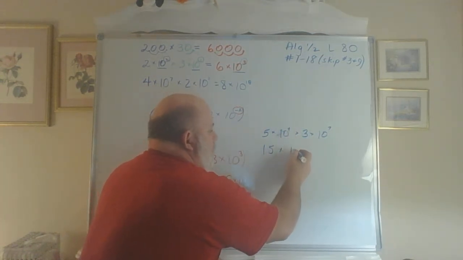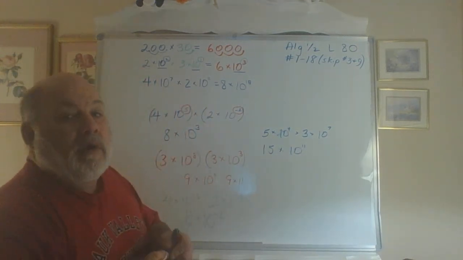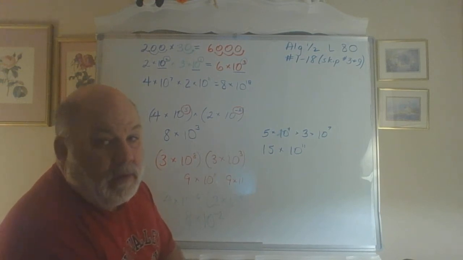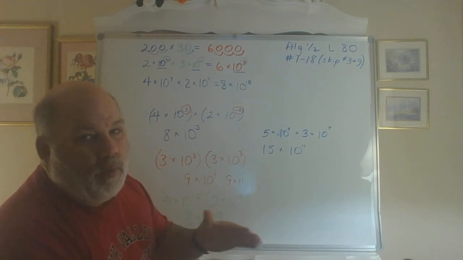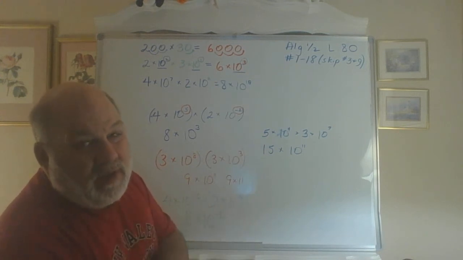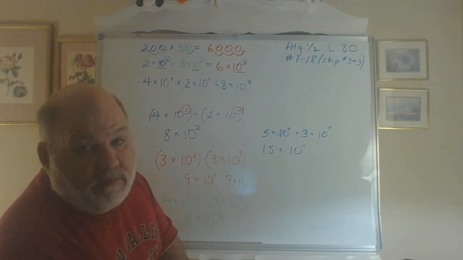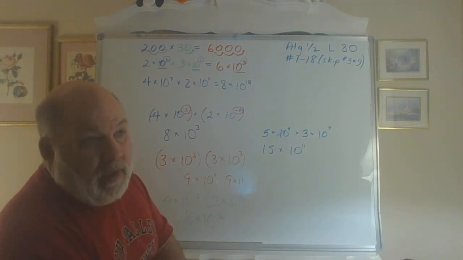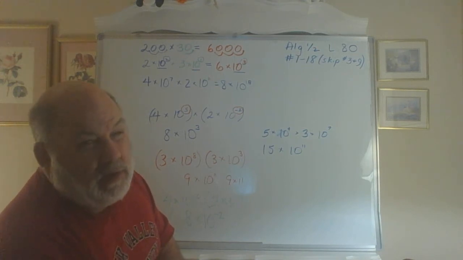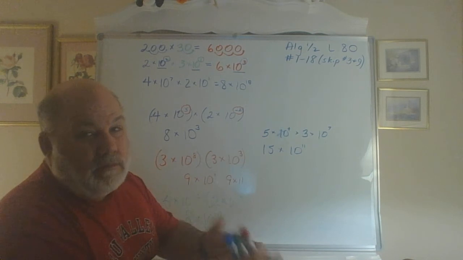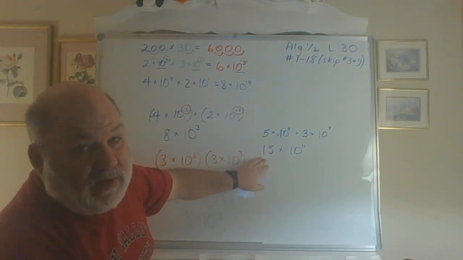The 4 plus 7 gives me 11. There is your answer, 15 times 10 to the 11. But in these problems, they always want your answer to be in scientific notation. It's like when you add mixed numbers and you get an answer like 5 and 7/5. You've got to change that 7/5, and you're not allowed to have an improper fraction. Well, this is not scientific notation.